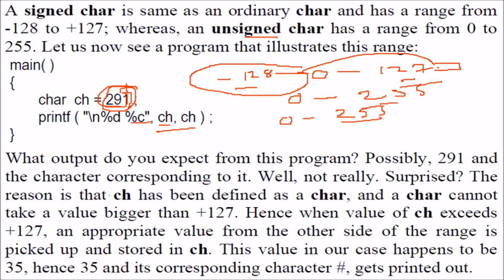Why? Because ch has been defined as a character, and the range is from minus 128 to 127, and 291 falls quite ahead of 127, which is not in the range. So ch will exceed the range.